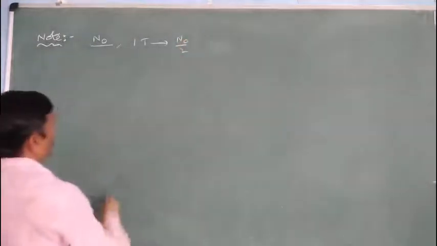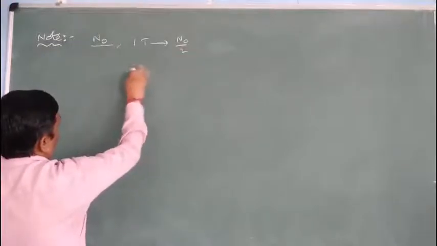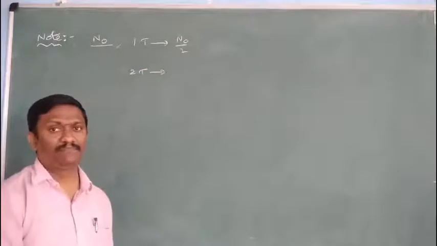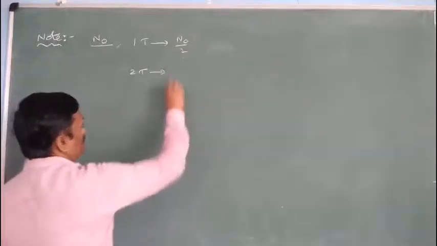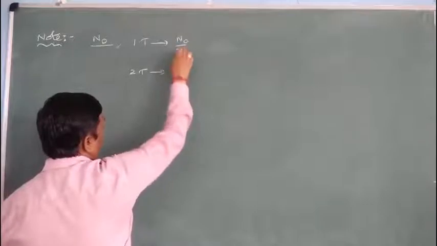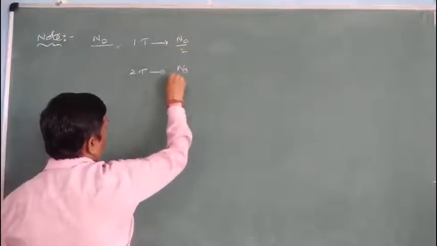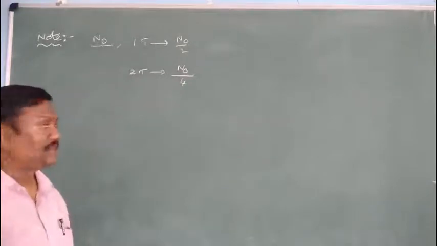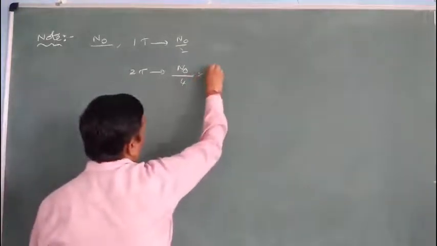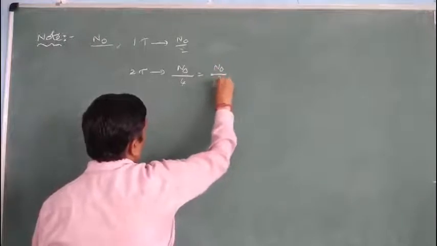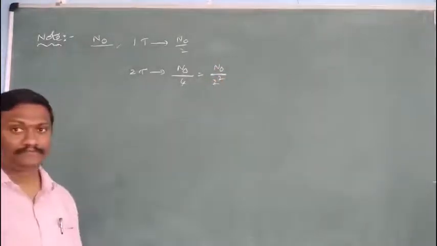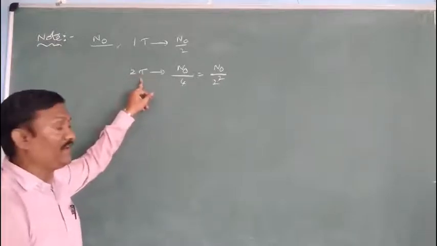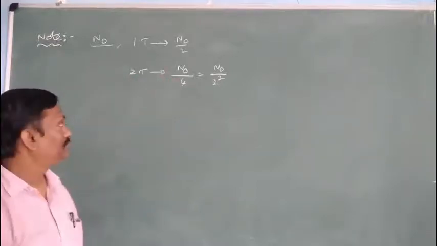Next, after completion of two half-lives, the number of atoms becomes half of the previous atoms: N naught by 2 by 2, which is N naught by 4, nothing but N naught by 2 squared. So after two half-lives, the number of atoms remaining undecayed is N naught by 2 squared.